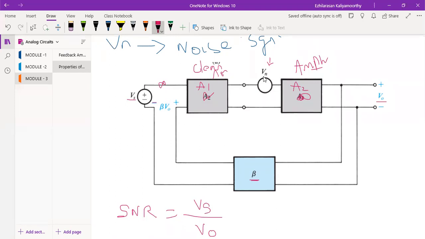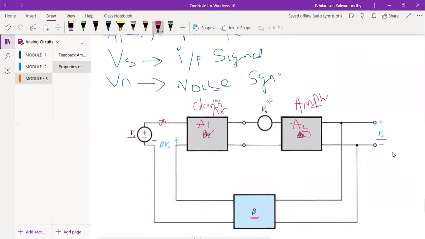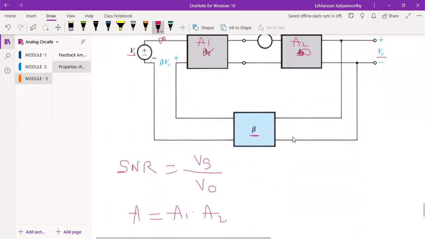Now to analyze the feedback configuration, let us write V0. What is V0 here?